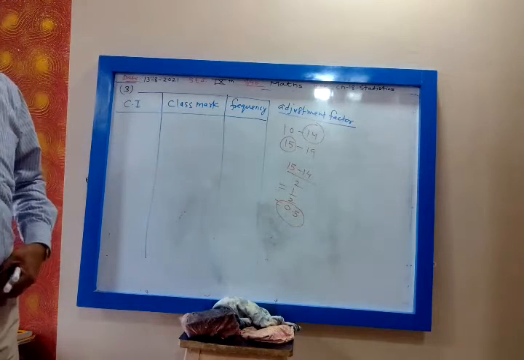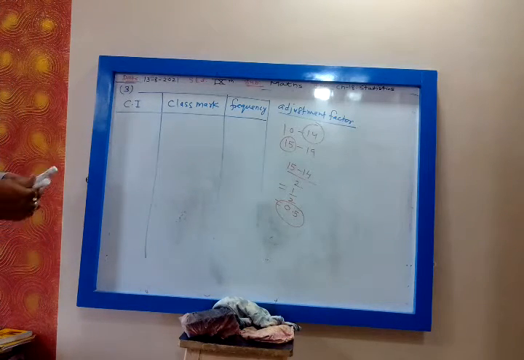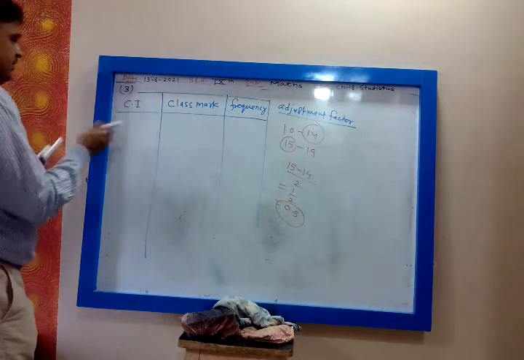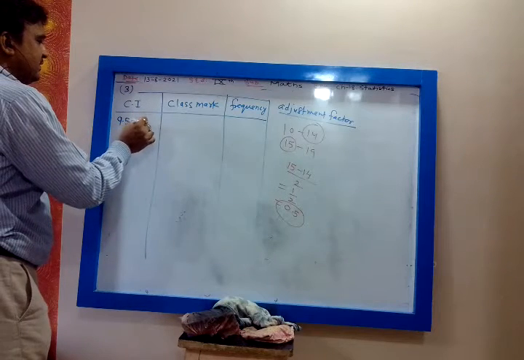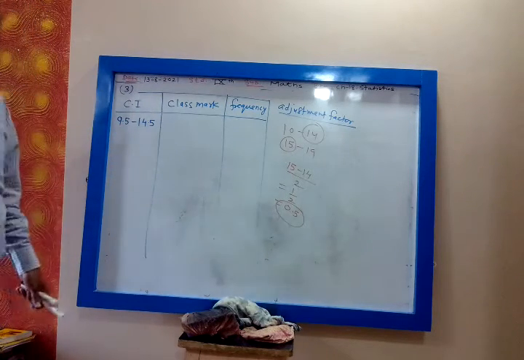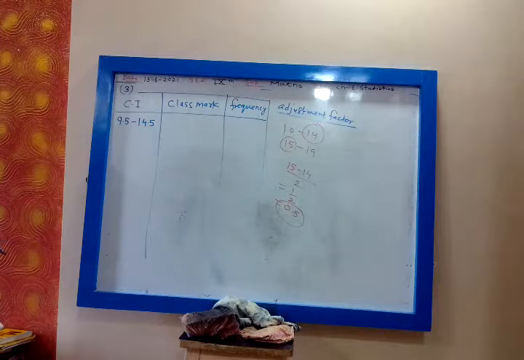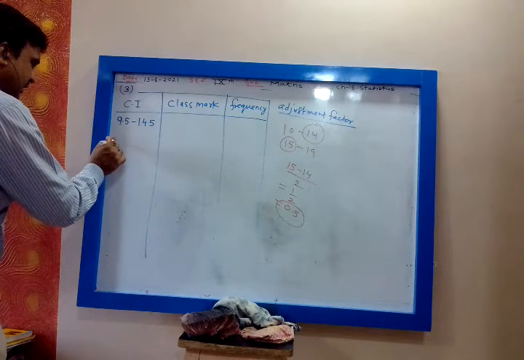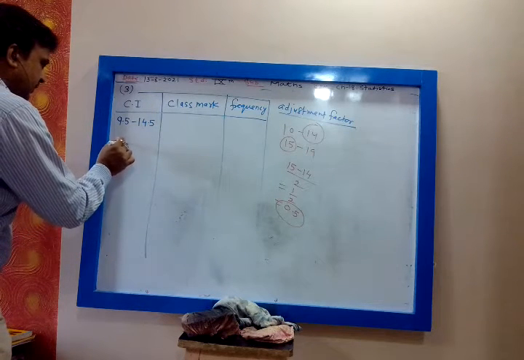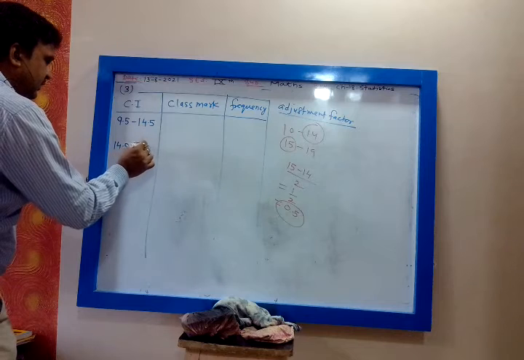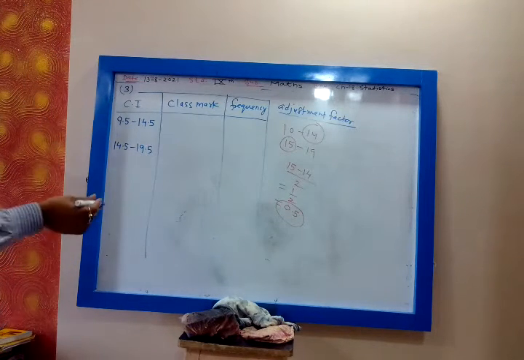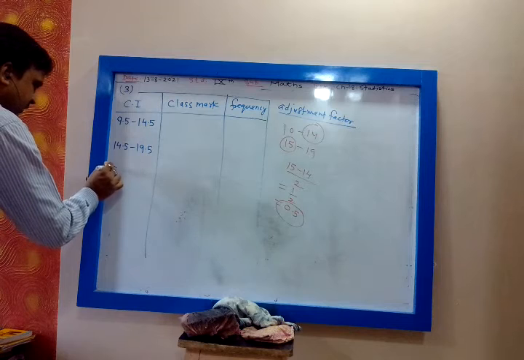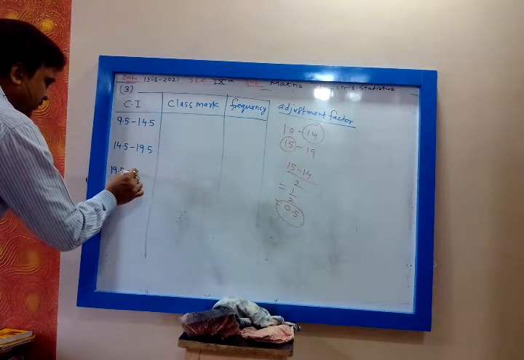Because in the question it is given, no? So 10 to 14 will be 9.5 to 14.5. Then 15 to 19 becomes 14.5 to 19.5. Then 20 to 24 becomes 19.5 to 24.5.